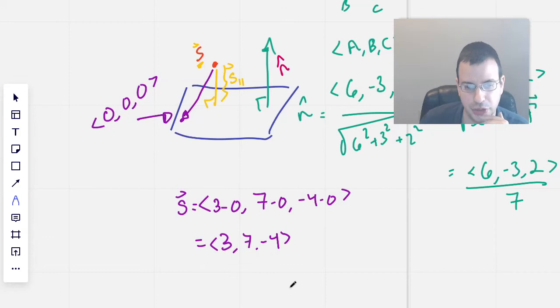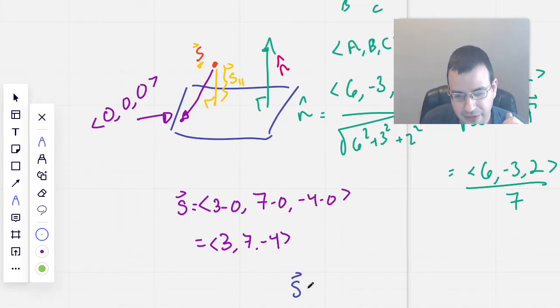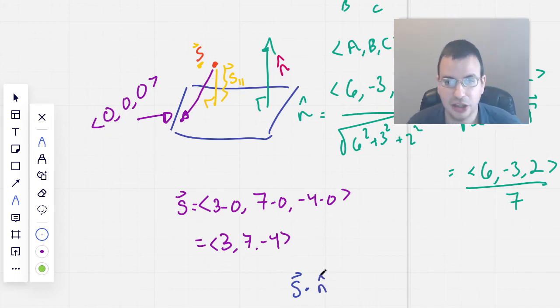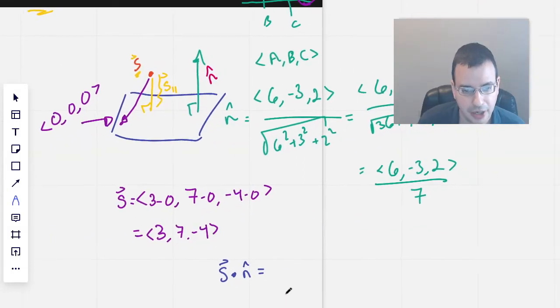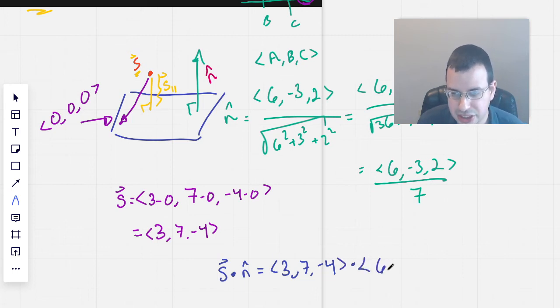All right, let's go with this. Focus, focus. So we do vector S dot the normal with a little hat showing that it's length 1, because that's important. Yep, that's a dot product symbol. To do the dot product, we'll do (3, 7, -4) dot our normal, which is (6, -3, 2), and I just took out the 7.